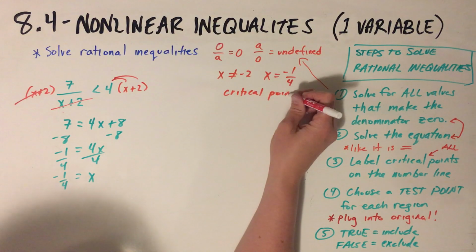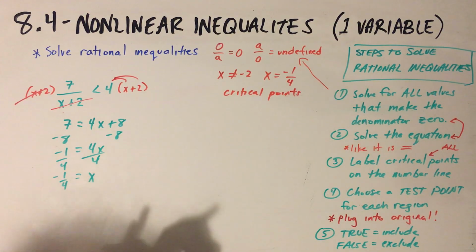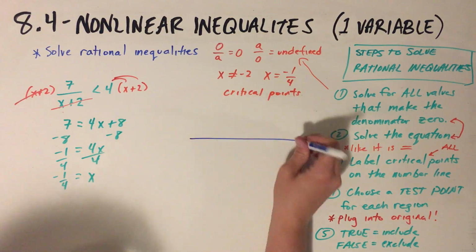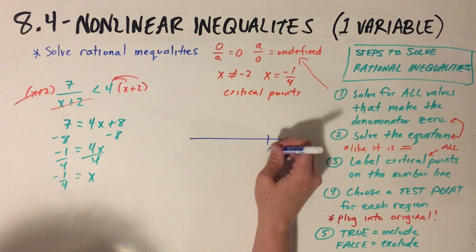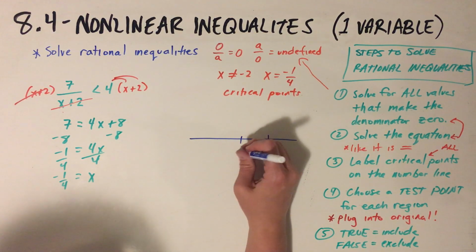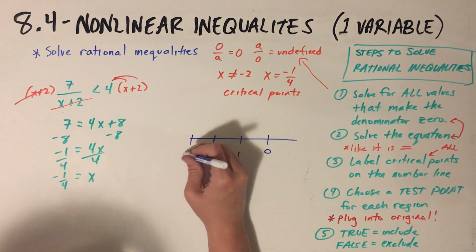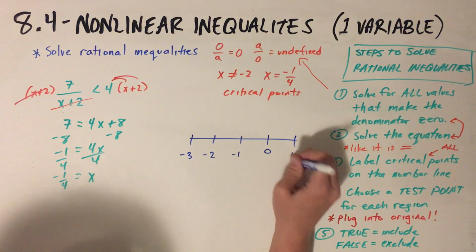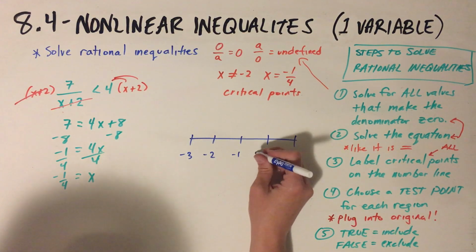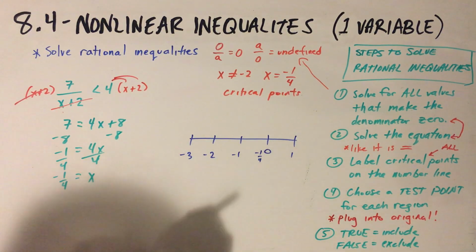The critical points are going to divide up our number line. So what does this number line look like? Well, I've got 0, 1, negative 1, and negative 2. Negative 3 over here and a positive 1. But we need to have this negative 1/4.